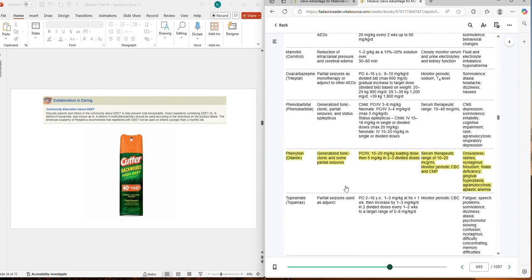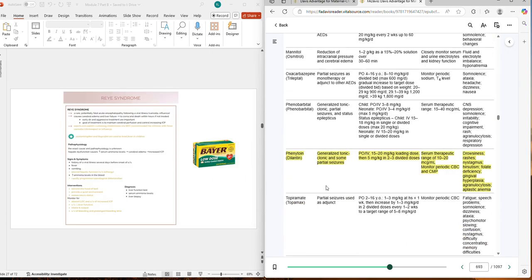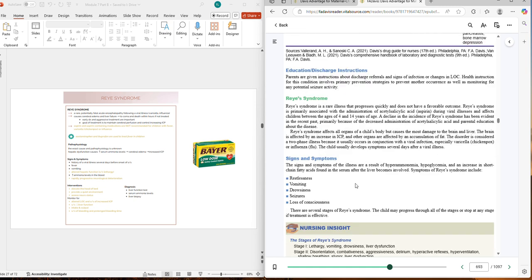All right, now let's talk about Reye syndrome. Or Reye's, I say Reye's, however you want to say it. It's a rare illness, happens usually between the ages of 4 and 14, but it's advised not to ever give a child less than age 18 an aspirin, okay, because of the Reye syndrome.